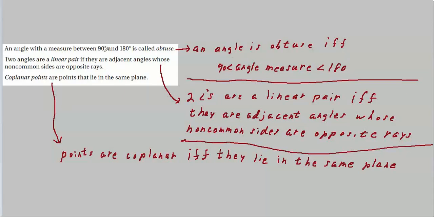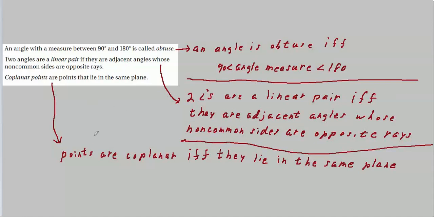2 angles are a linear pair if they are adjacent angles whose non-common sides are opposite rays. 2 angles are a linear pair if and only if they are adjacent angles, and so on, just like it says here. This is fairly easy. Coplanar points: points that lie in the same plane.